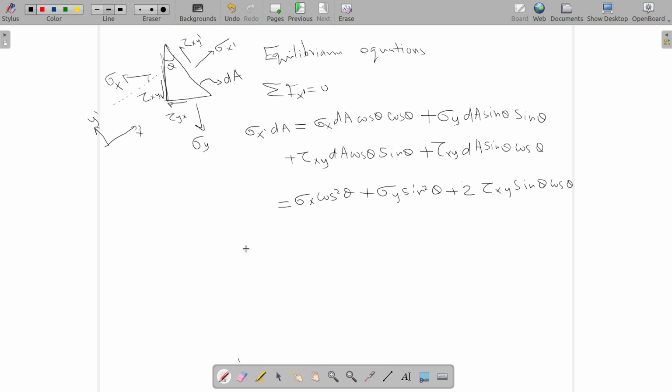So this is the whole equation. Now let's do some trigonometric operations. We know that cos square theta is equal to (1 plus cos 2 theta) by 2, and we know that sin square theta is equal to (1 minus cos 2 theta) by 2.